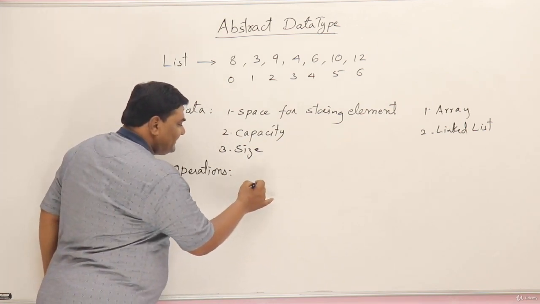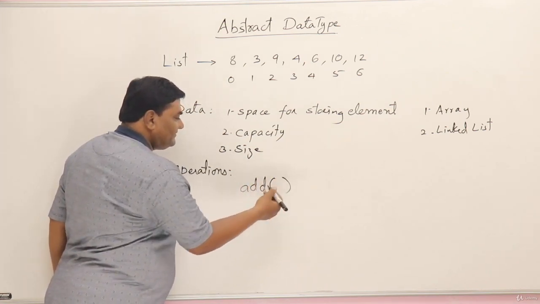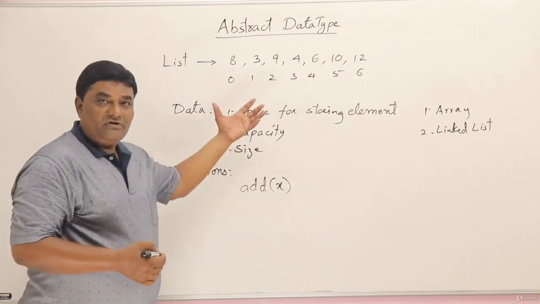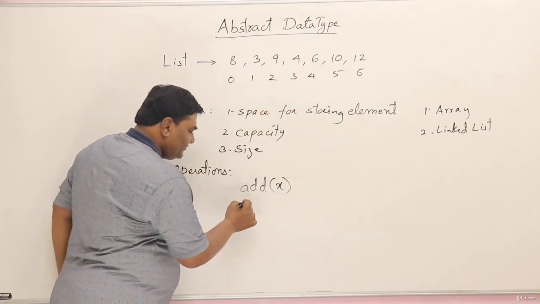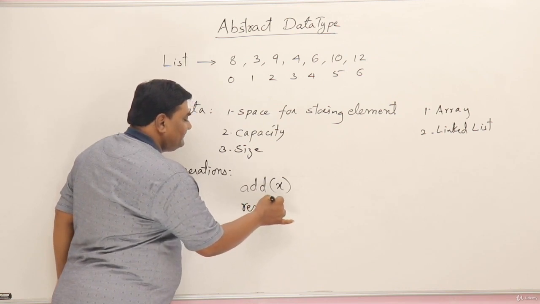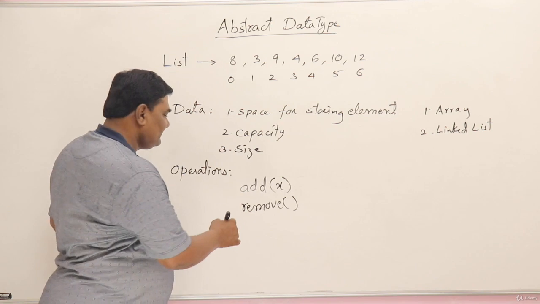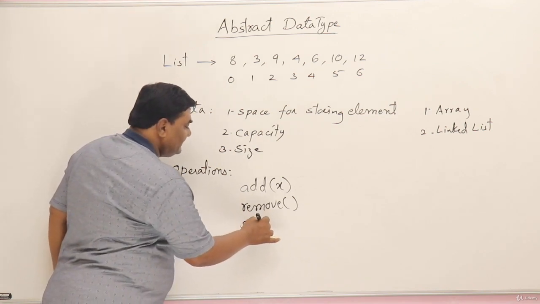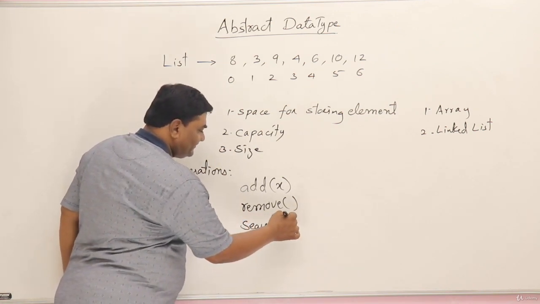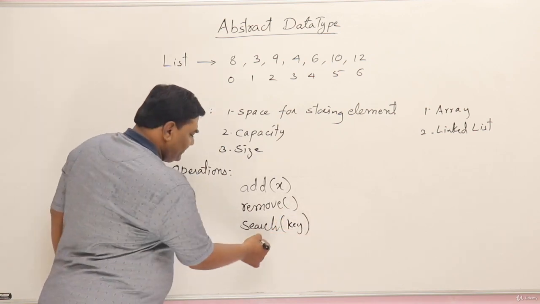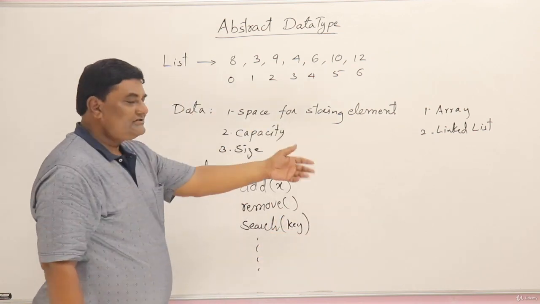So the operations I can perform are add an element, that is X, or I may want to remove some element, so remove an element, or I want to search for a particular element, so search, a key element, and so on. I'll be discussing all the operations afterwards.